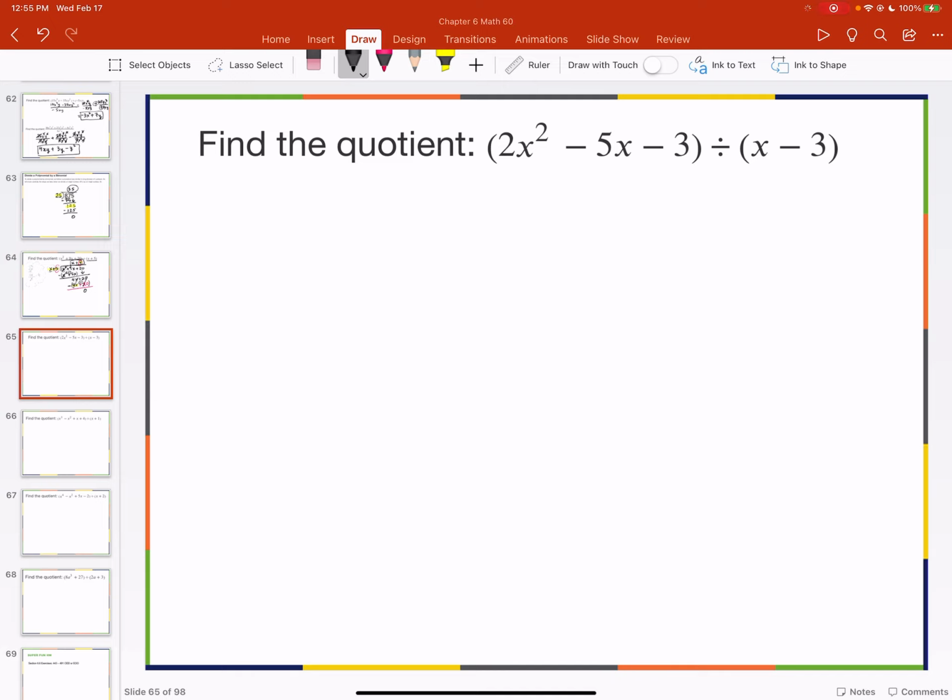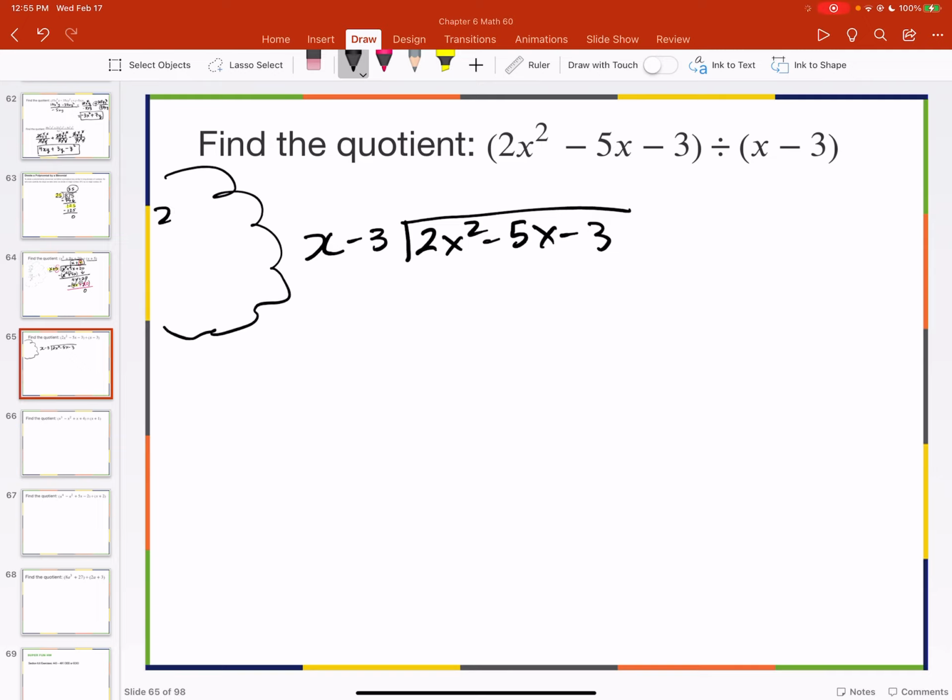Okay, so we have x minus 3, and we're dividing that into 2x squared minus 5x minus 3. What number times x gives me 2x squared? The goal being that I want to cancel it out. So basically, on the side, 2x squared divided by x, then that's going to cancel.